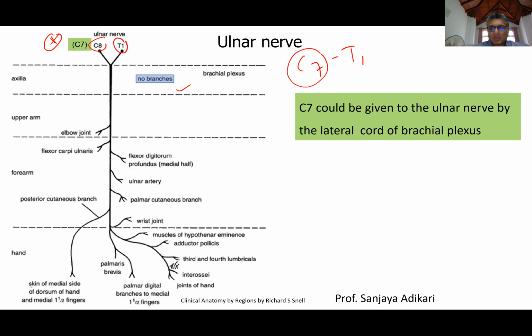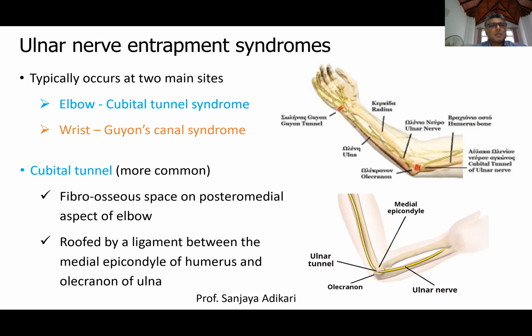The important point is that it supplies the flexor digitorum profundus medial half. The lateral half is supplied by the median nerve. So it's clinically very important, because when you get nerve injuries, you get a picture based on this supply.